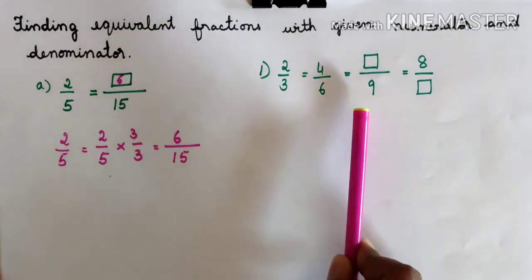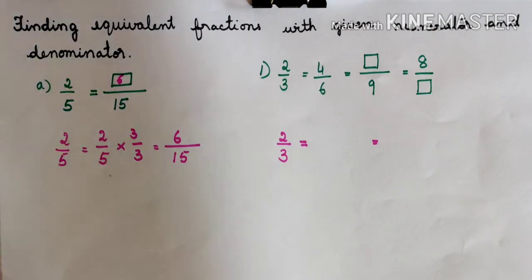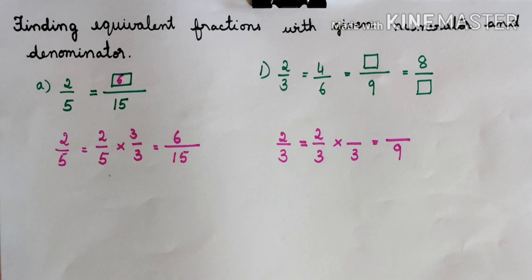Take the first number, that is 2/3, and see 3 how many times gives us 9. We know that 3 3s give us 9. So multiply the numerator also by the same number, and 2 3s are 6. The missing number is 6 and the fraction is 6/9.